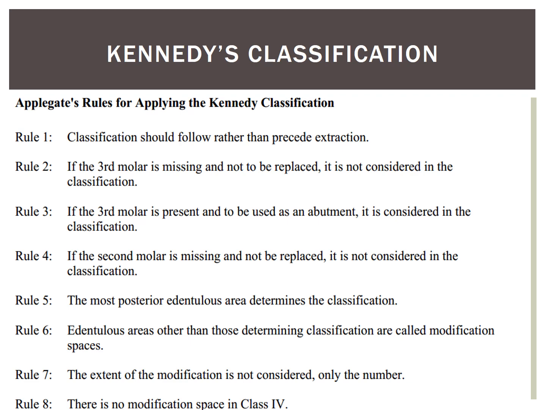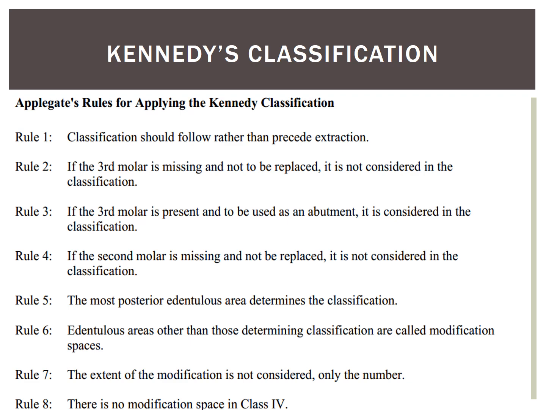The most posterior edentulous area determines the classification. As you know, the edentulous area in the most posterior area will determine the classification, and edentulous areas other than those determining classification are called modification spaces. So basically the most posterior area will become your classification. Other than the classification area, whatever spaces are there become a modification, and it is called the number of modification spaces, but you cannot count how many teeth are missing in those modifications.